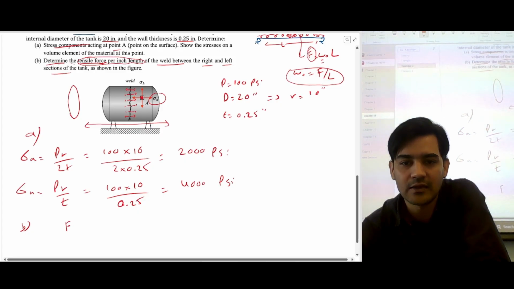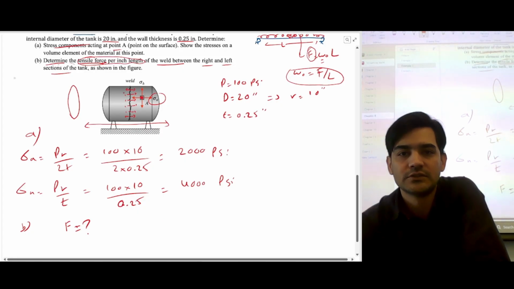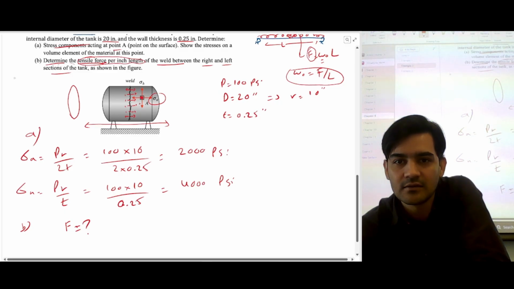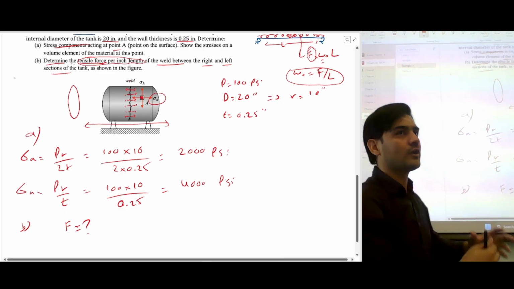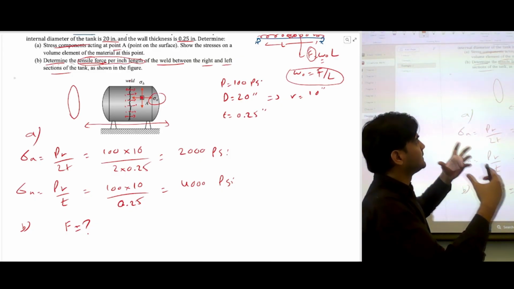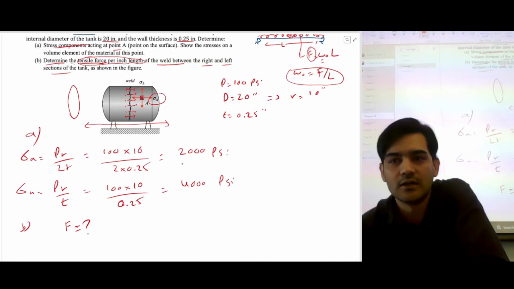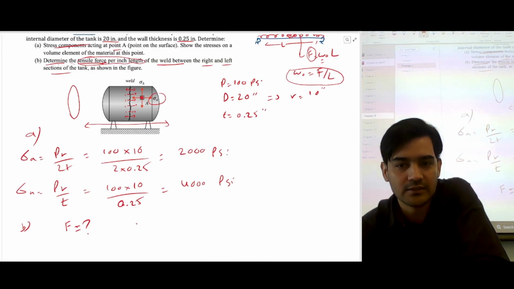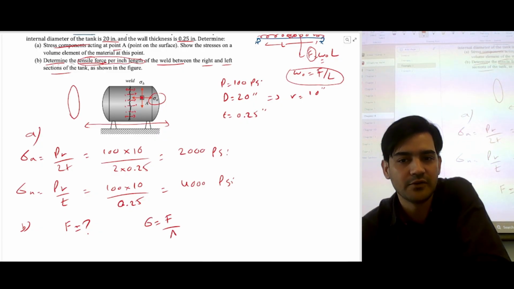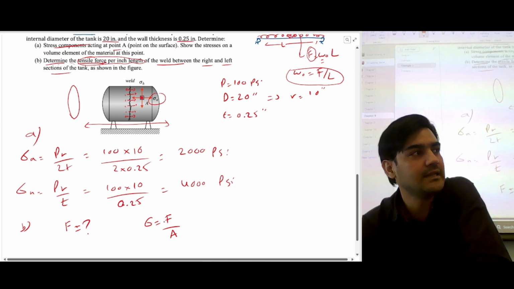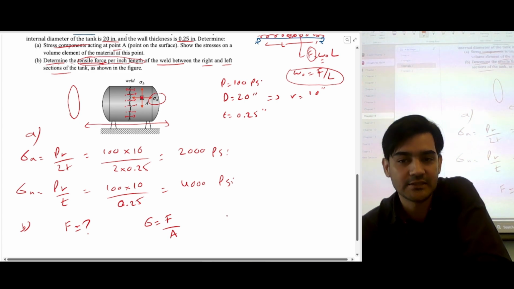So we have to basically calculate the force. In this case, we're talking about external load, which is force per inch length. We know stress is force per unit area, but in our case, stress is pressure.